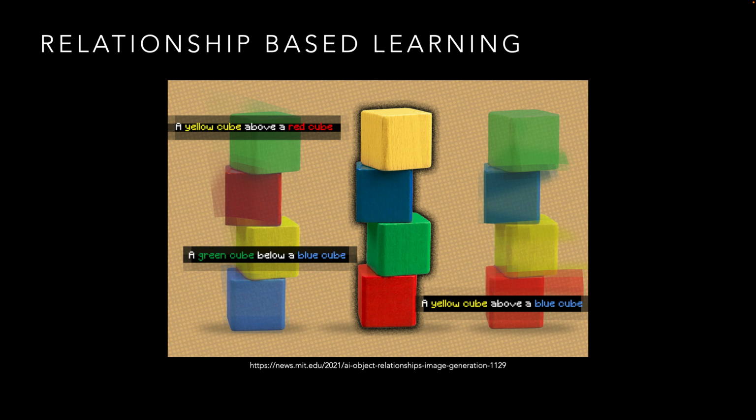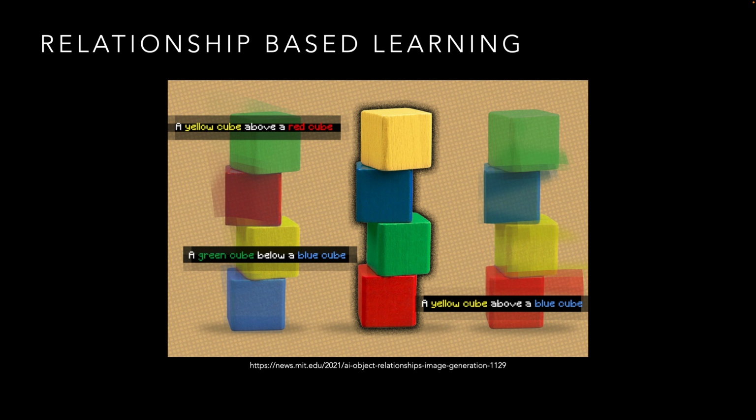Then moving on, relationship-based learning is the idea of forming relationships between subjects. Here is research carried out by MIT. As you can see, there are stacks of cubes. On the first stack of cubes, you can see that the yellow cube is above the red cube, and that's true, and the green cube is above the blue cube.